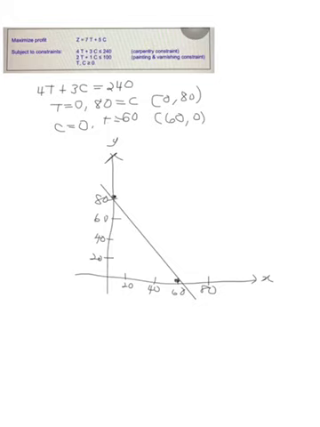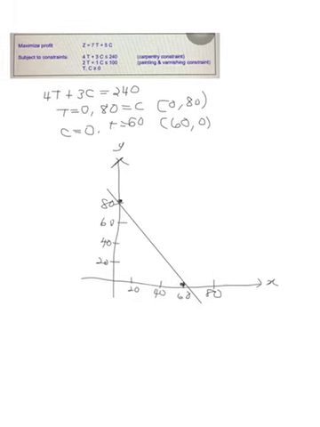Next, we have to determine the region that belongs to this constraint. The constraint is 4t plus 3c less than or equal to 240. We have to identify which region represents this constraint, whether it is below this line or above the line. So test at the point (0, 0).